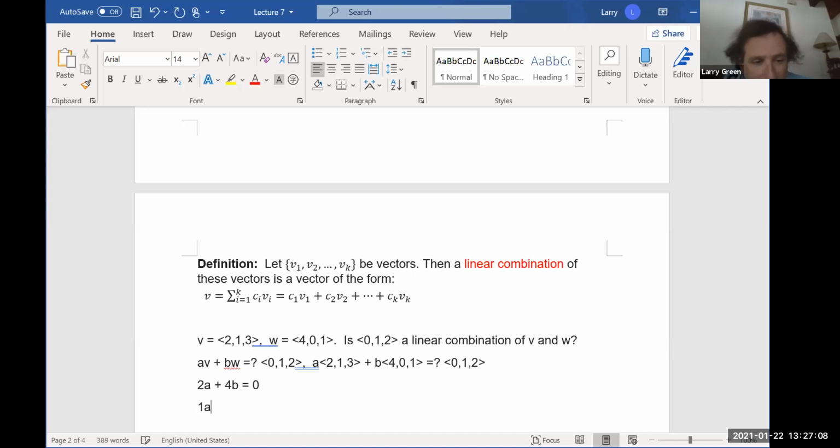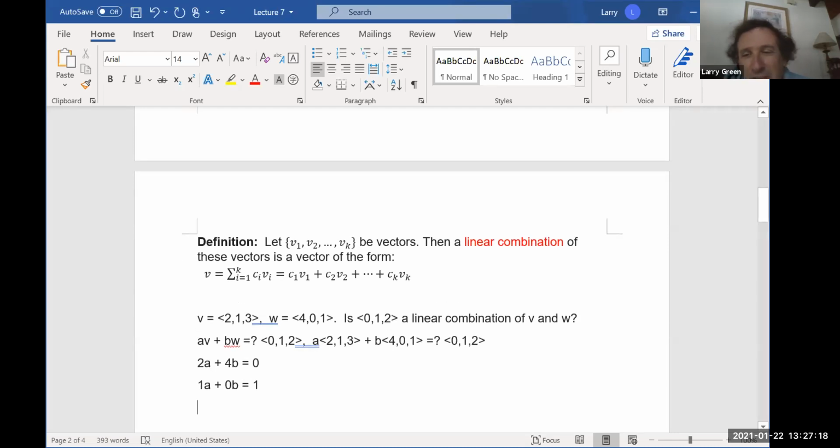Let me write 1A just for fun, plus 0B is equal to 1. I know it's weird to write 0B, but it's going to help us later. And then we can say 3A plus 1B is equal to 2. Any questions on that?